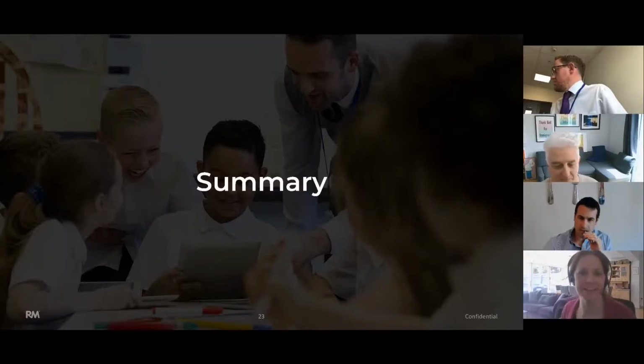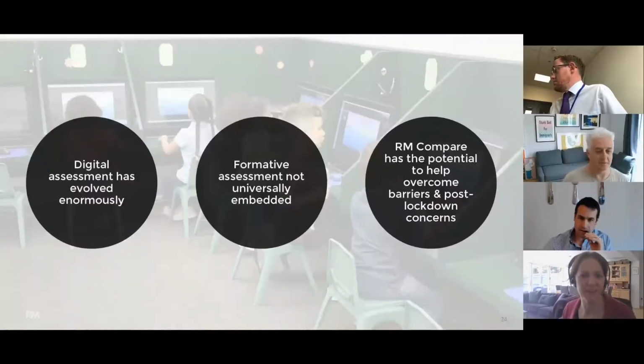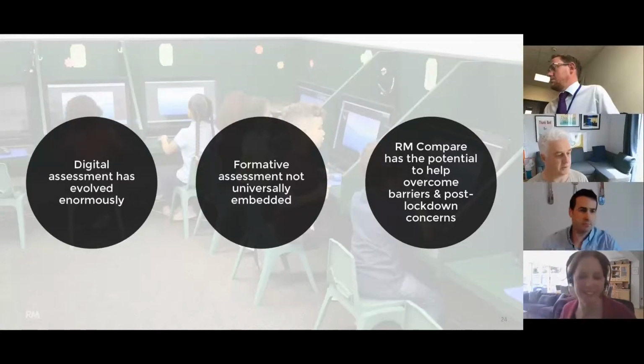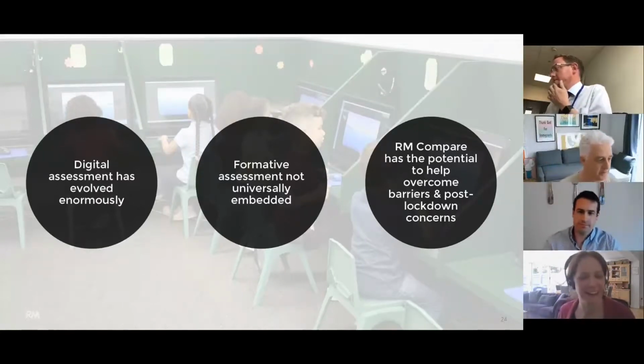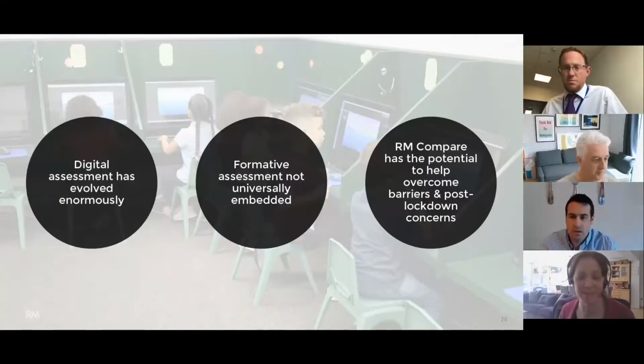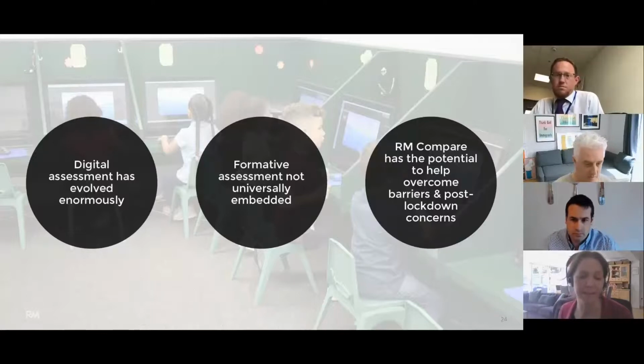I'm happy to jump in. So that was really interesting. Thanks, all of you. So just to summarise what I think we've learned in the past hour. Digital assessment has evolved a lot over the last 10 years, which is clear. So we can see that it's now engaging, authentic and accessible in ways that pen and paper exams can't replicate.